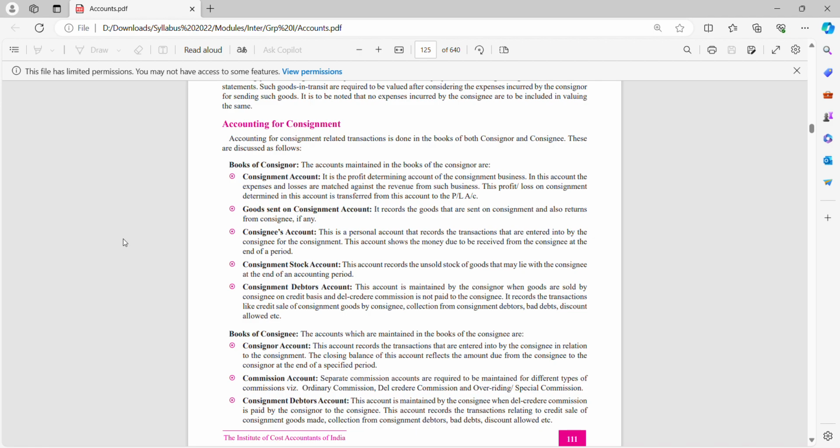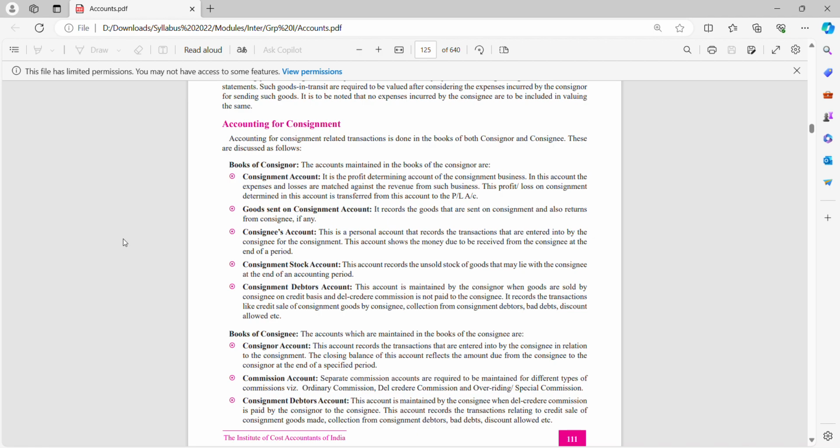So one account you'll prepare for consignor or consignee, and the opposite account you'll prepare will be consignment account. So suppose goods sent on consignment, the other part of the double entry aspect will be consignment account. For many transactions, the second part of the double entry aspect will be consignment account.